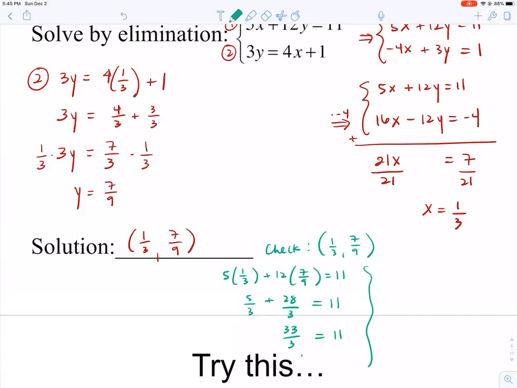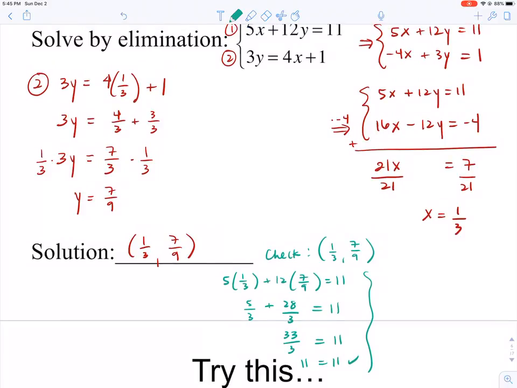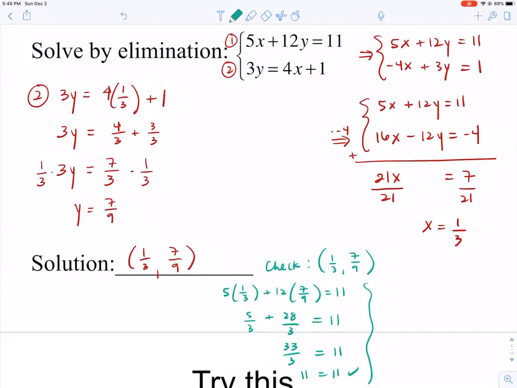And 33 divided by 3 is 11. So the first equation checks, that's good.